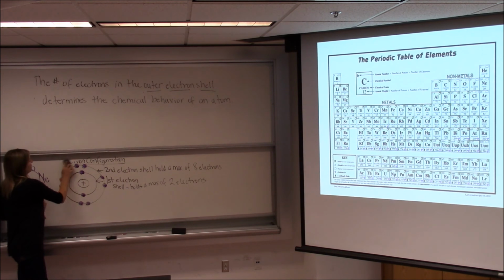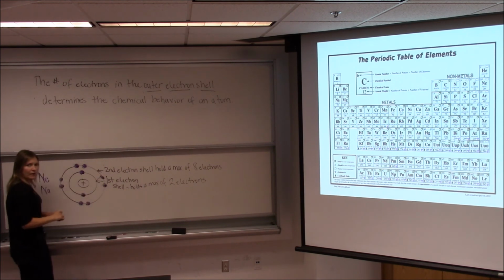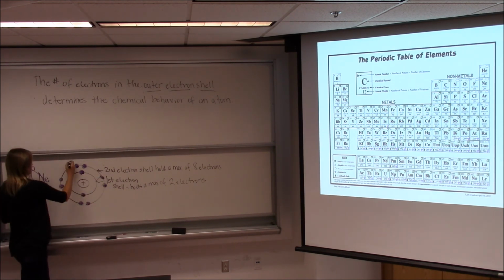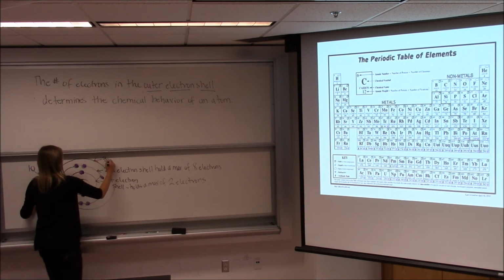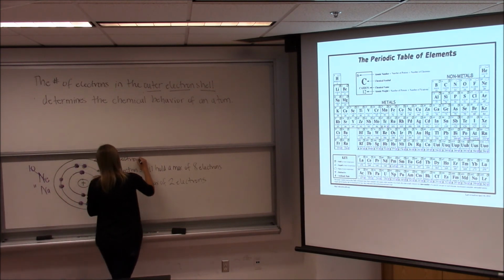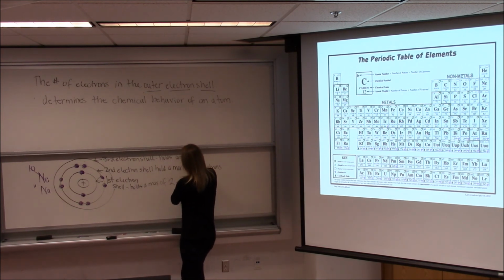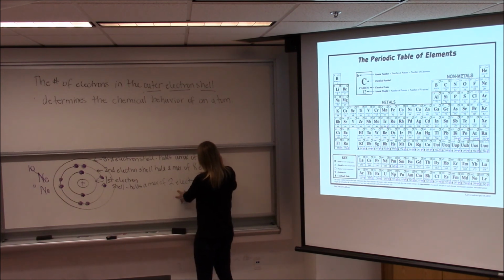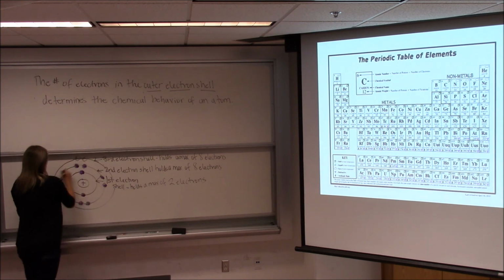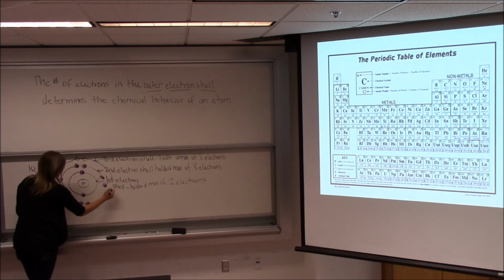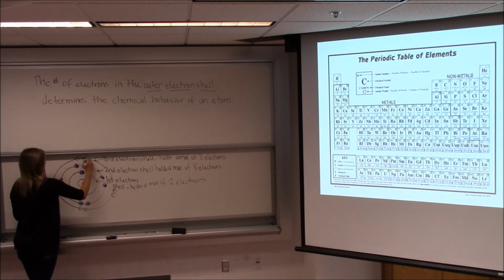And that third electron shell, for the purposes of this course, we will assume also holds a maximum of 8 electrons. So 1, 2, 3, 4, 5, 6, 7, 8. And sodium is just going to have 1 out here.